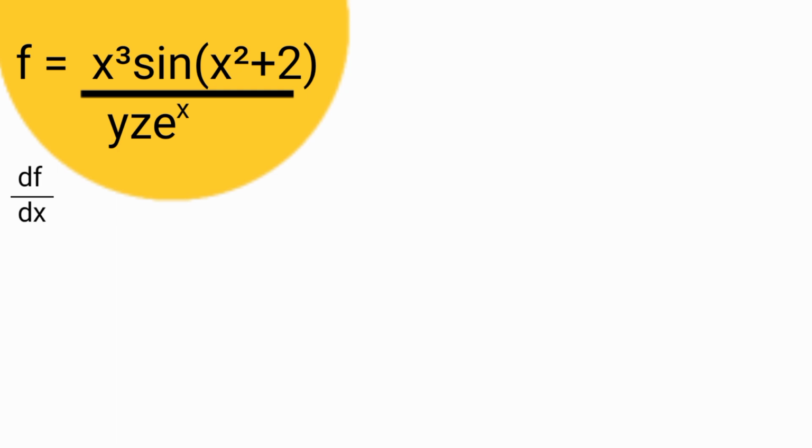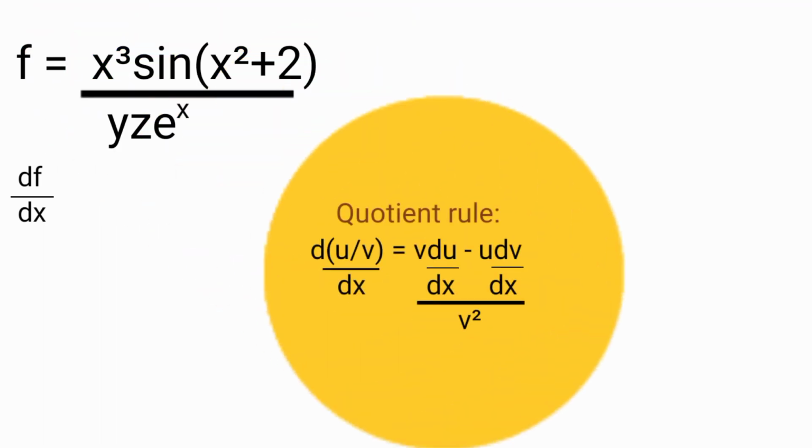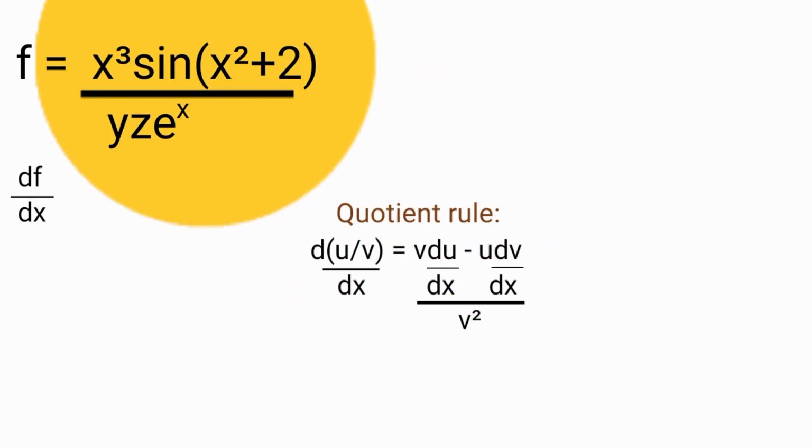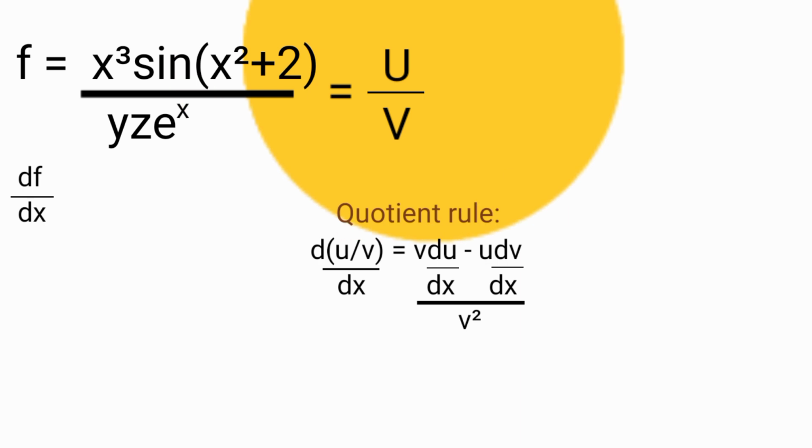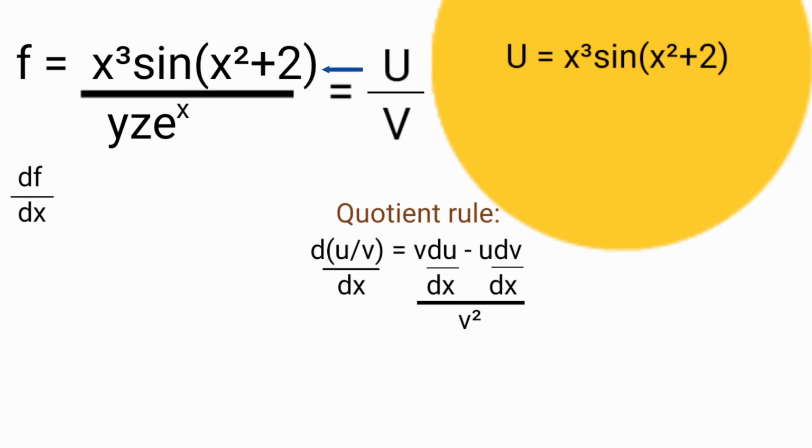In the quotient rule, the derivative of u over v with respect to x is v du/dx minus u dv/dx, all over v squared. So now, letting this equal u over v, that means u equals x cubed sine of x squared plus 2 and v equals y z exponential x.